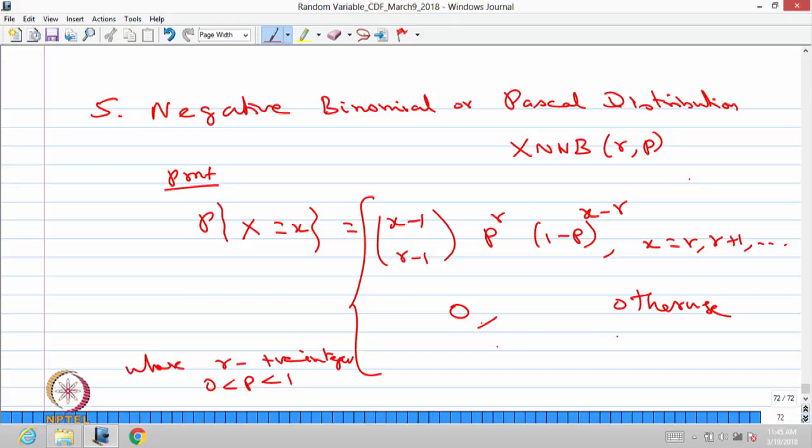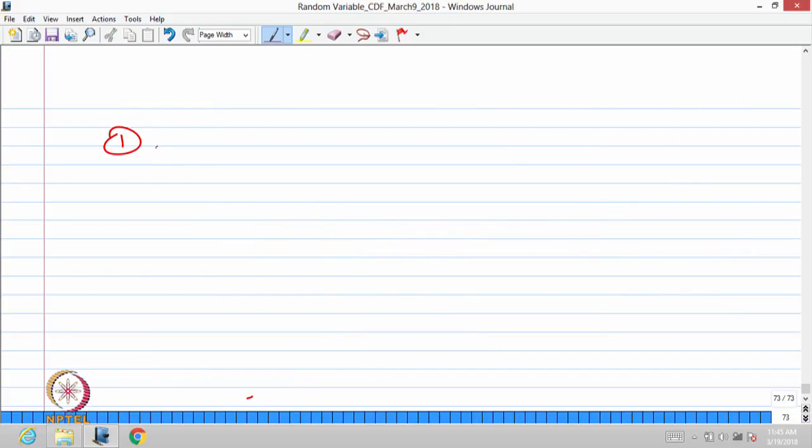When r is equal to 1, the same random variable X follows a geometric distribution with the parameter p. When it is the first success in the xth trial, then that follows a geometric distribution. Therefore, geometric distribution is a special case of negative binomial or Pascal distribution with the parameter r equal to 1.